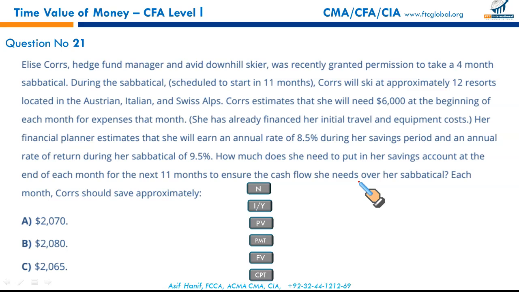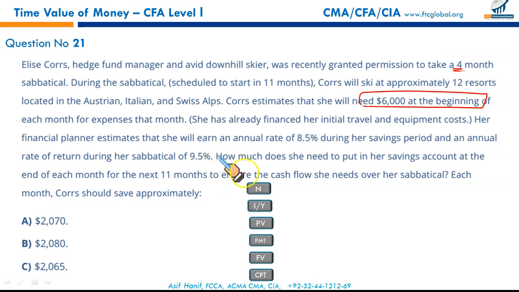We got the idea that for the 11 months period, she will have to put in a certain amount of money. And for the next 4 months, she will receive the amount of money that she can have fun with. Gentlemen, first of all, she will receive $6,000 for 4 months. For that, how much do you need to invest?